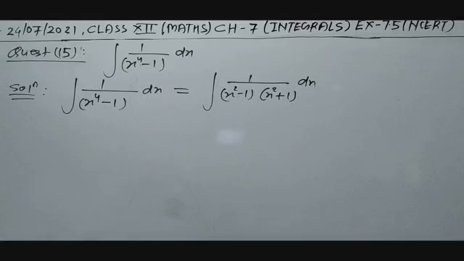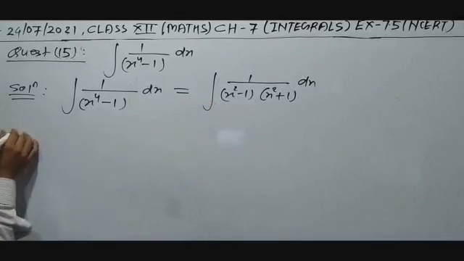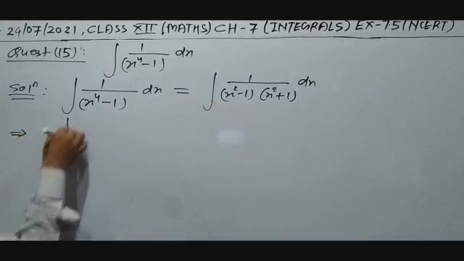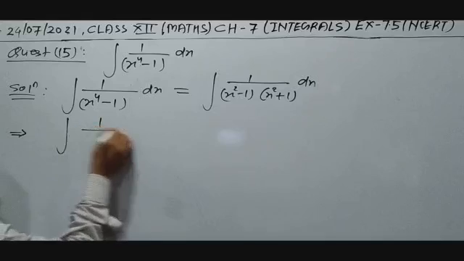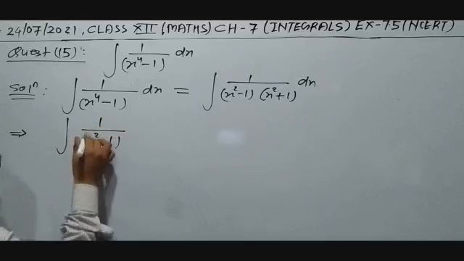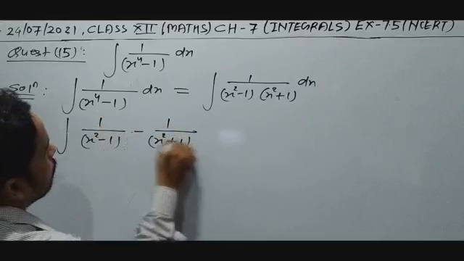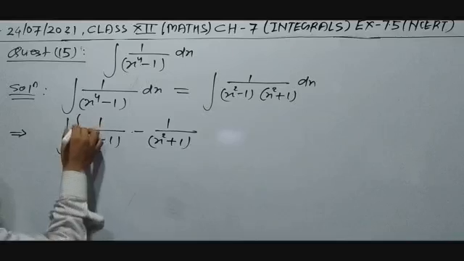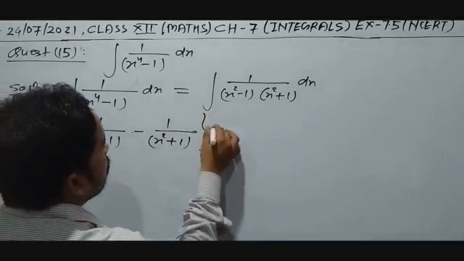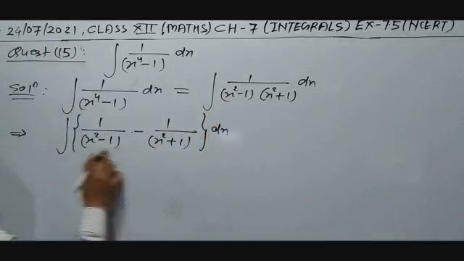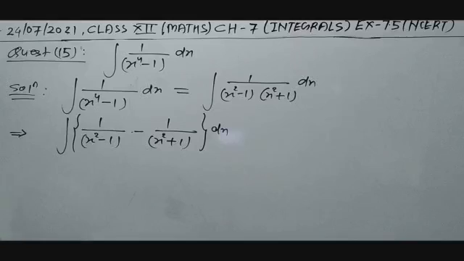Now this expression we can write as integration of curly bracket 1 upon x square minus 1 minus 1 upon x square plus 1 closed dx, and when you solve by taking LCM you will get in the numerator result 2.